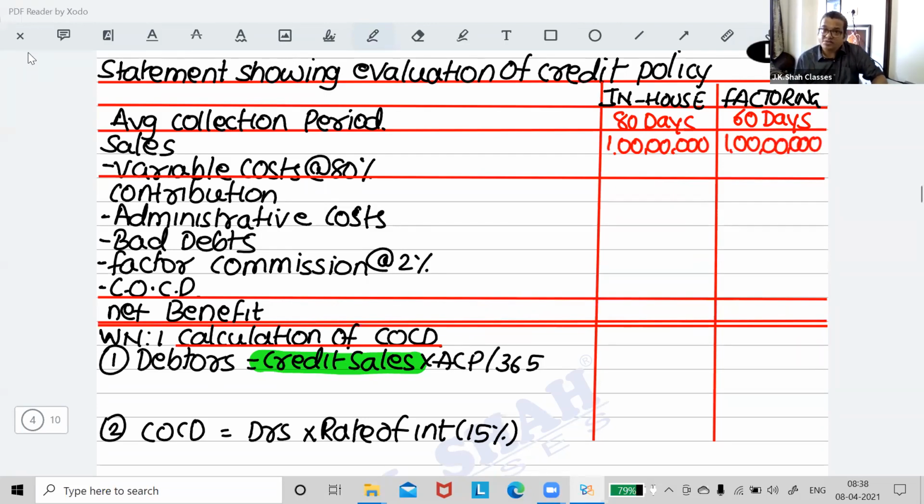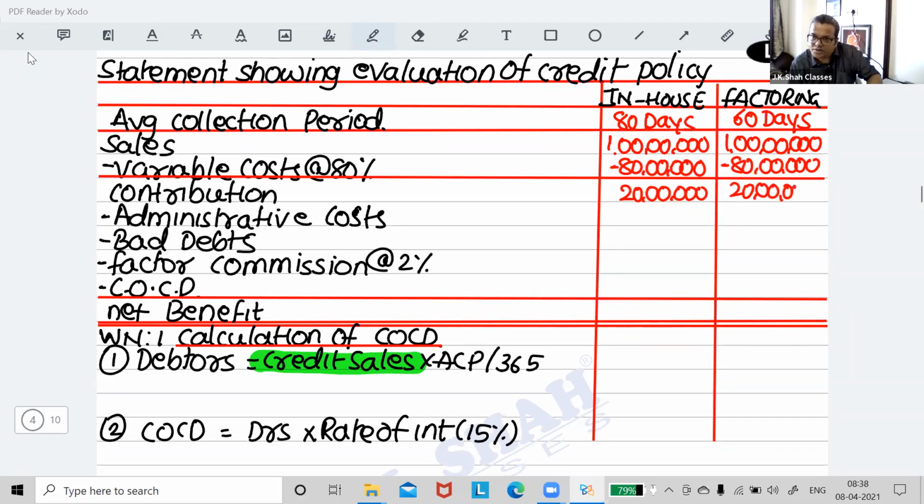Okay. Variable cost is given in the question, right? How much percent? 80%, correct? Point number C, variable cost is 80%. So calculate. So that will come to 80 lakh. So contribution would be 20 lakh.